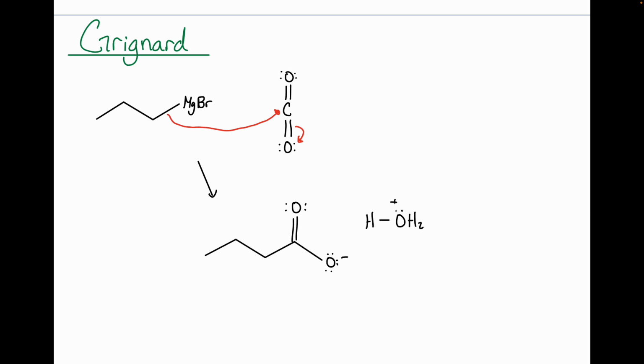Even just water works, but they tend to use weak acid. And you'll get this carboxylic acid. One thing to make special note of here, what happened to the number of carbons in this reaction? It increases by exactly one, right? You incorporate that one carbon from carbon dioxide to get your carboxylic acid.